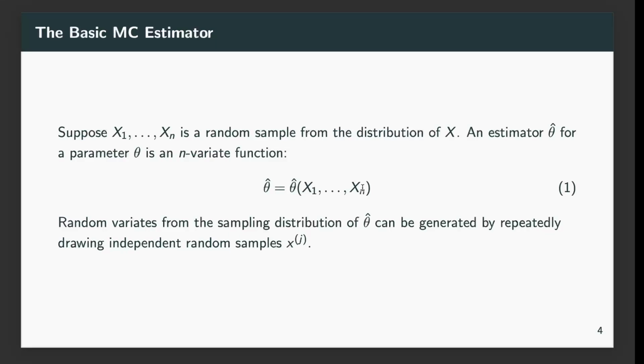We can do this, for example, 1,000 times or even 10,000 times, and the resulting collection of theta hat values forms our empirical approximation to the sampling distribution of theta hat.